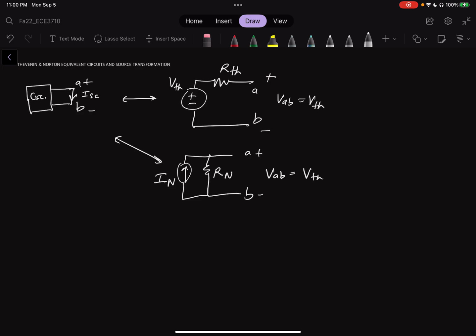That is what allows you to then derive, not shown here in this YouTube video, the Thevenin equivalent circuit and the Norton equivalent circuit.